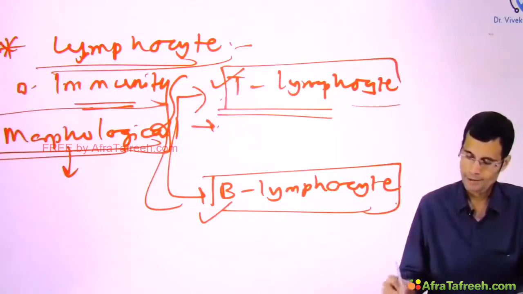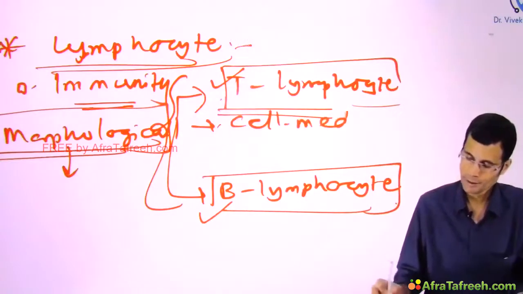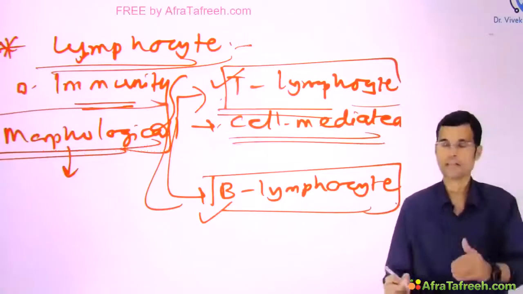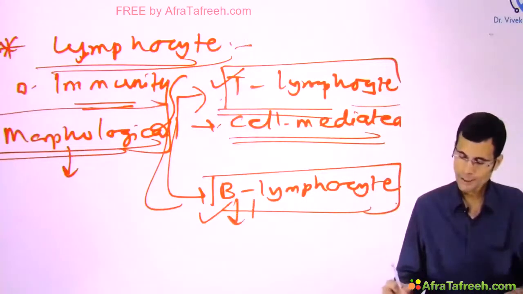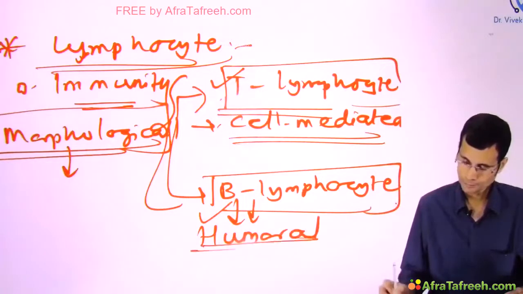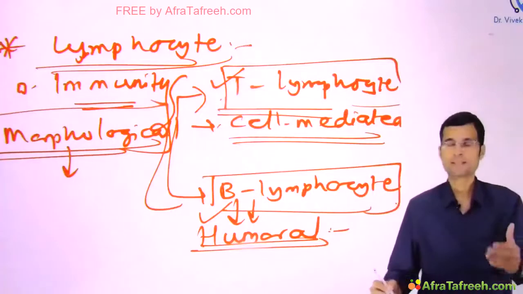T lymphocyte is involved in the cellular immunity or cell mediated immunity, because the entire cell would react with the foreign antigen, whereas B lymphocyte is involved in the humoral immunity, because B lymphocyte does not react by itself.